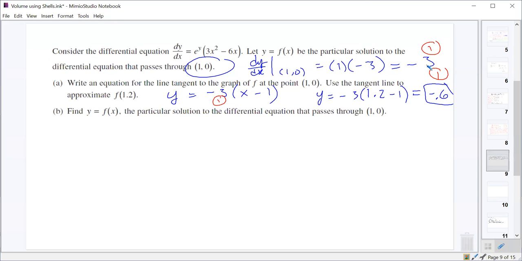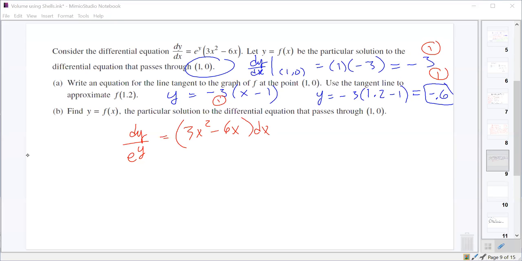Yeah. Wonderful. All right. Then we're going to find a particular solution. So once again, what's the first step? Separate the variables. dy over e to the y equals 3x squared minus 6x dx.